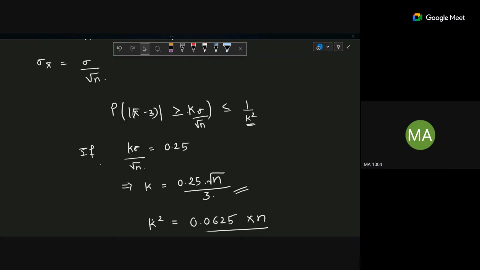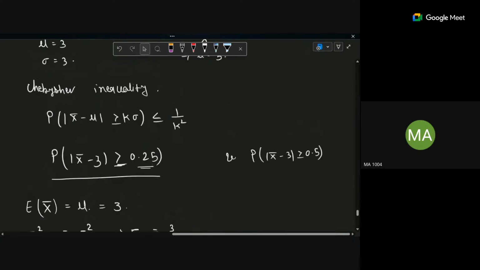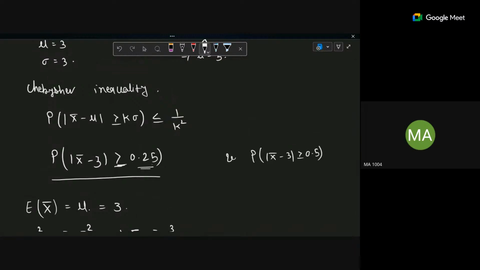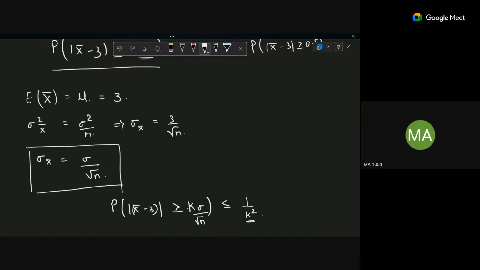So what is our Chebyshev inequality? It says modulus of x bar minus mu greater or equal to k sigma. This is the sample mean, right? We calculated it here. Sigma by square root n. So that's why I put it here.